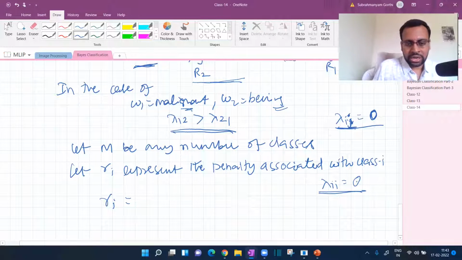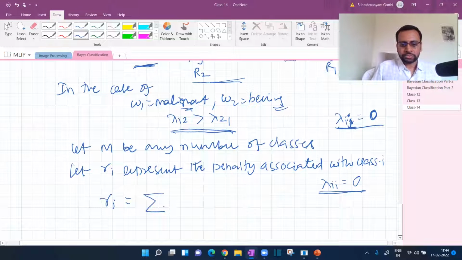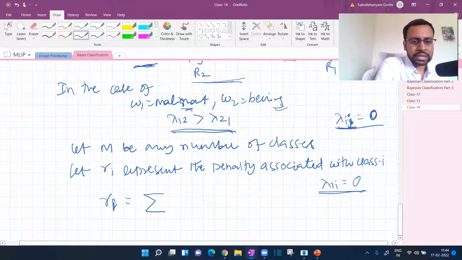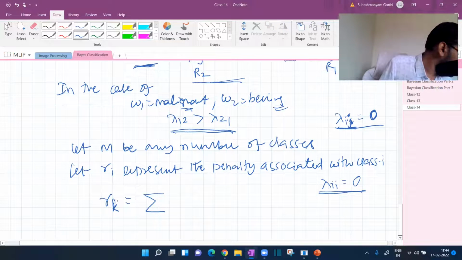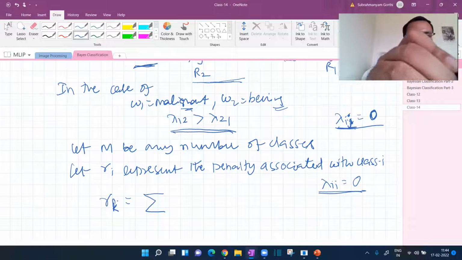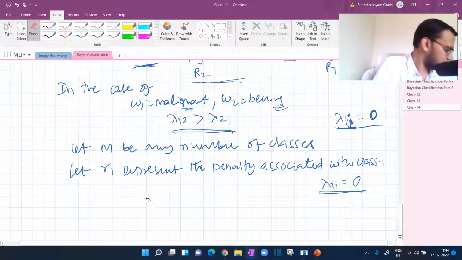So for R i, or maybe let me call it R k here, I'll use the same notation as in the textbook so that there won't be any confusion later when you try to match it with this. So I use the same subscripts there.